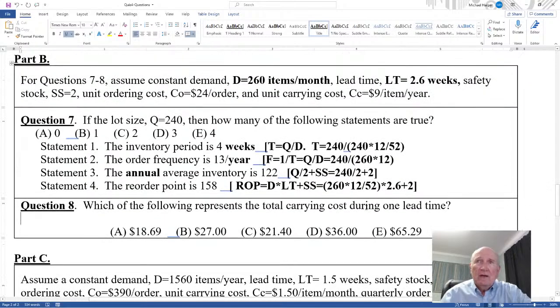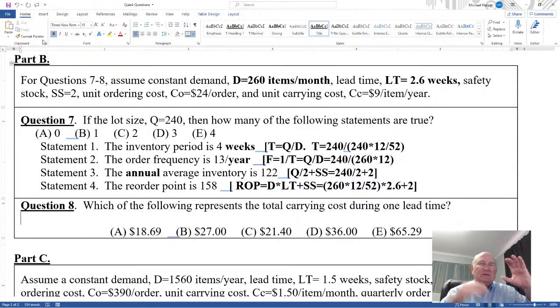First, probably the best way to do this is to ask, what is my average inventory during one lead time? And then what is my carrying cost?